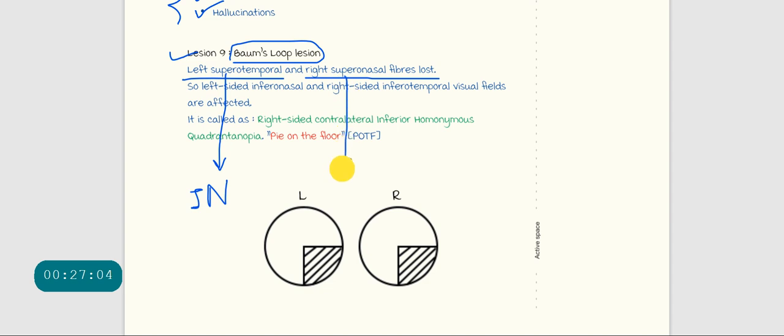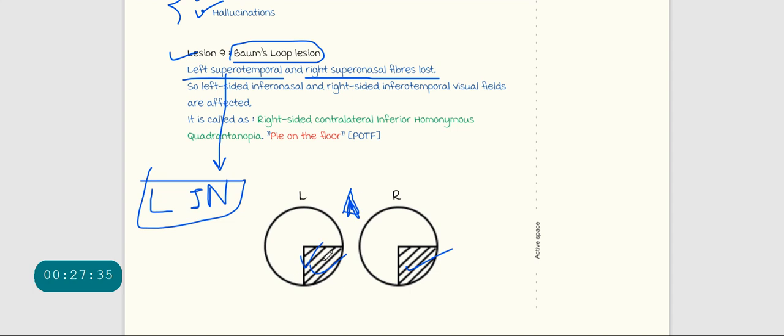I hope this is clear to you. This diagram tells you everything. If you have any confusion, just assume a nose over here, and you can clearly see that on the left, the left inferior nasal would be affected, and on the right, the right inferior temporal would be affected. Very easy.